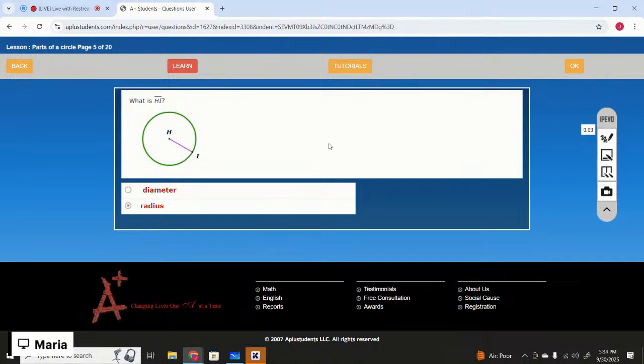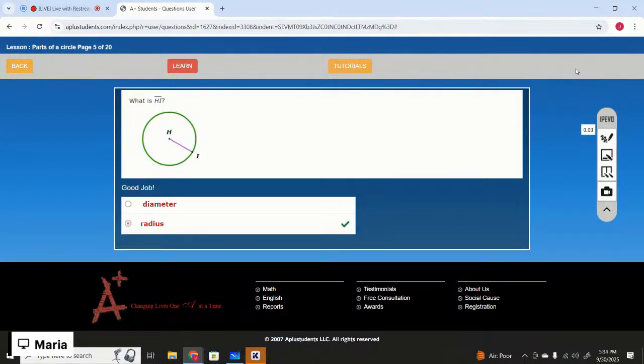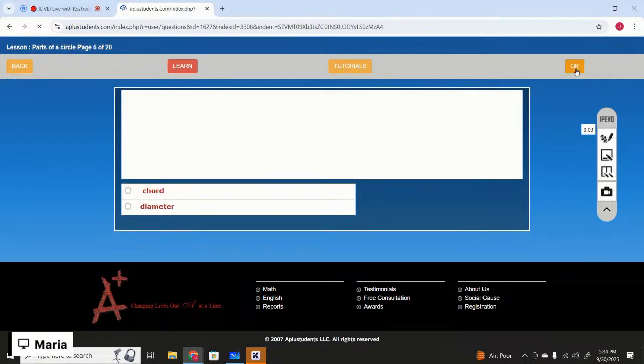The correct option is radius. What is UV?